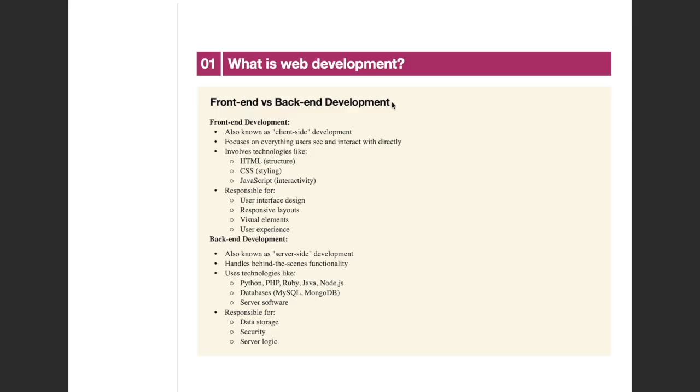If you create an account on a website, the front end takes your details, but the backend stores it securely in a database using different technologies like Node.js, Python, or MySQL. It is known as server-side development, and it handles behind the scenes functionality.